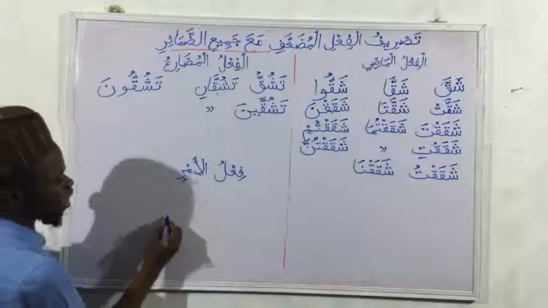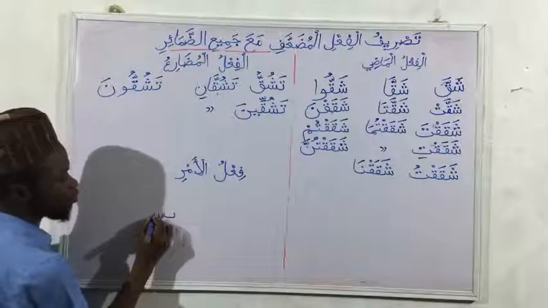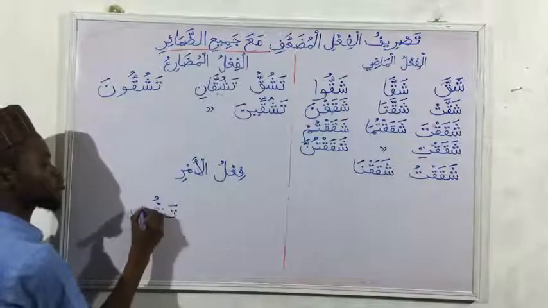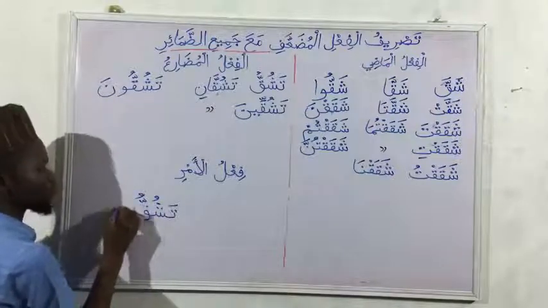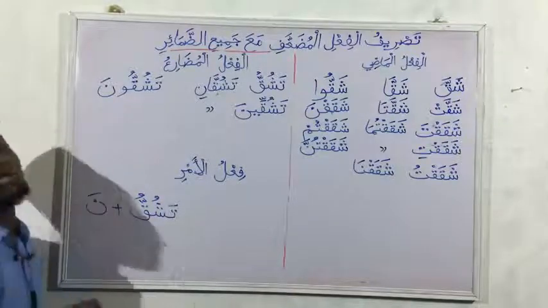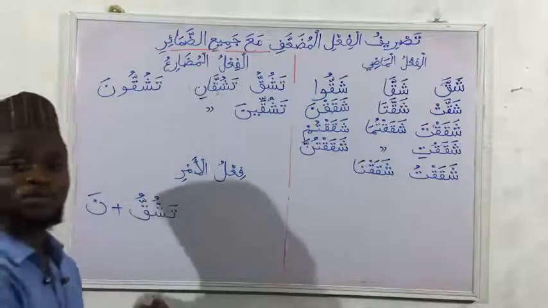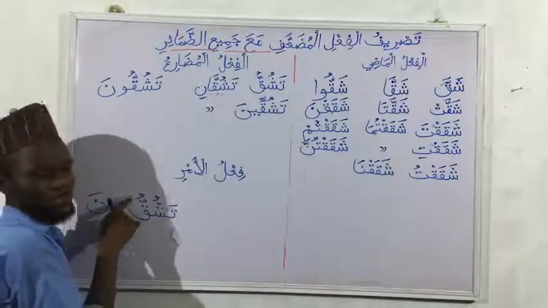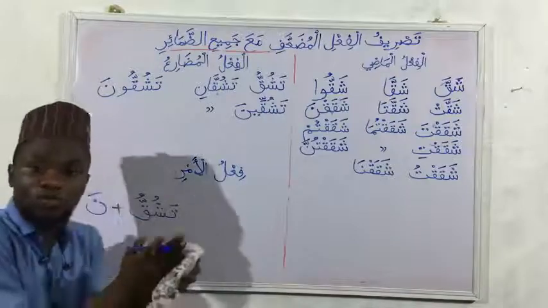So we have Tashukku plus Nunu Niswa. And we know Nunu Niswa is mutaharrika, meaning the last letter has to take sukun. And we cannot give this shadda sukun straight. We have to open it.